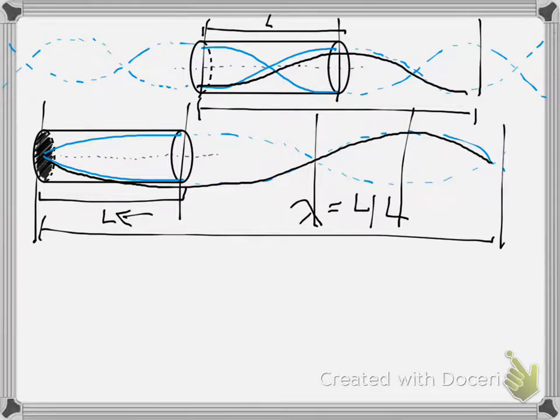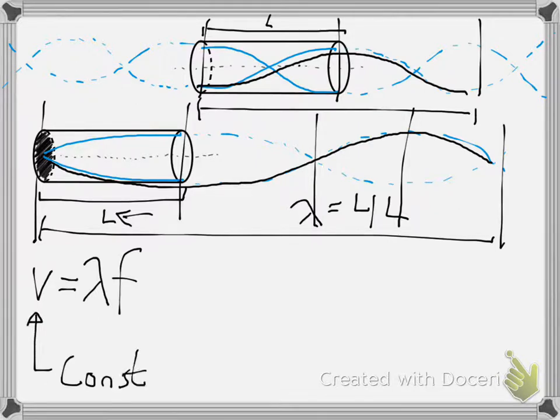So now what does this mean in terms of the sounds that we're actually going to hear from these? Let's recall our all-important relationship between the different properties of a sound wave. V, our wave speed, equals lambda times F, our frequency. Now, we know for the purposes of sound waves, at least for our experiments, V is constant. It's not changing.